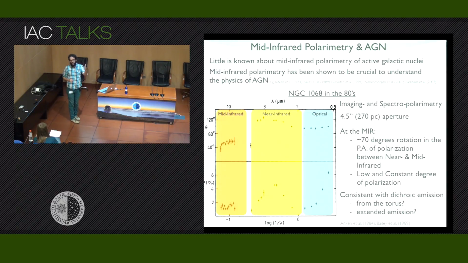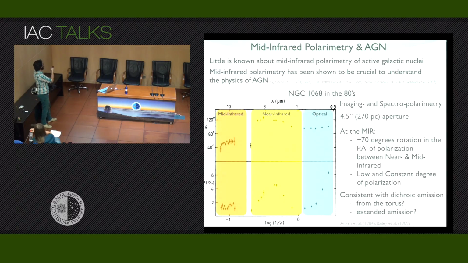If the dust grains are emitting, along the long axis, what we will obtain is a position angle of polarization perpendicular to the direction of the magnetic field line. So what is expected is a shift of 90 degrees in the position angle of polarization between dichroic absorption and dichroic emission, which is observed here from the near infrared to the mid infrared.